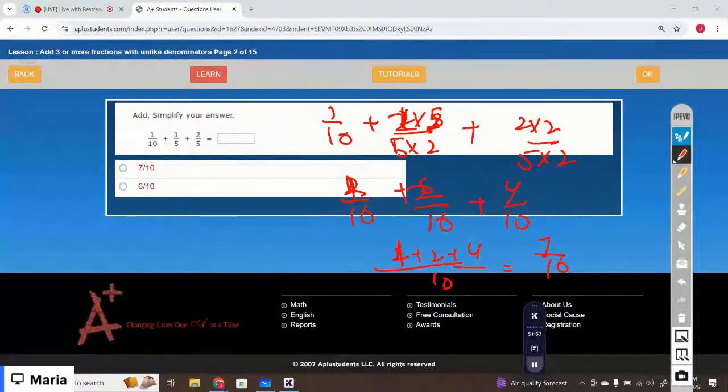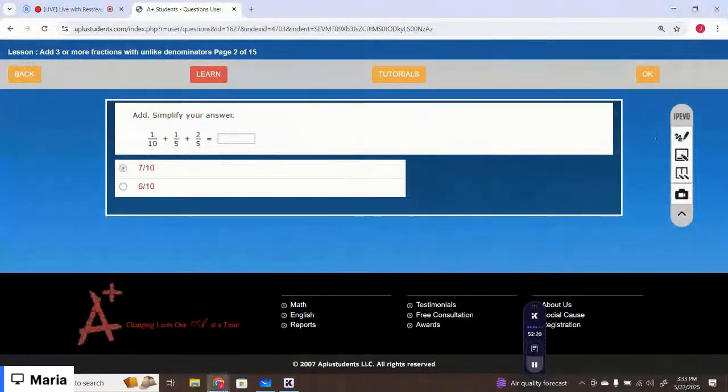So the correct option is 7 over 10. Option one is the correct option.